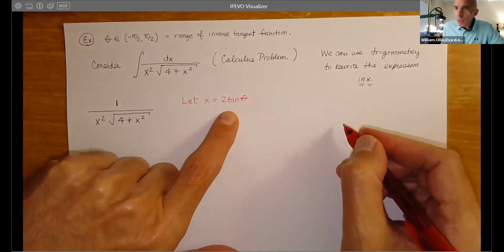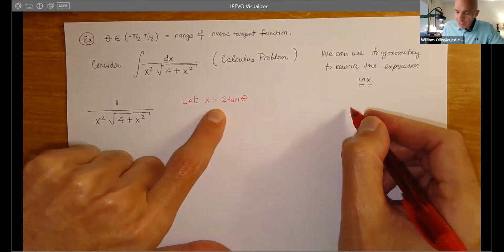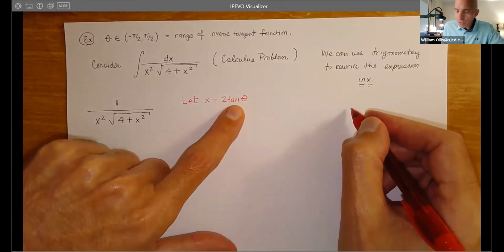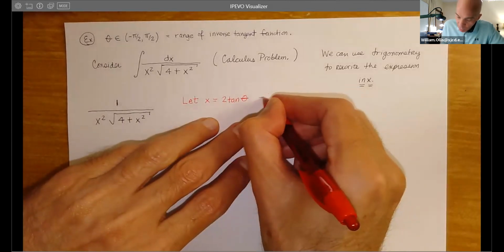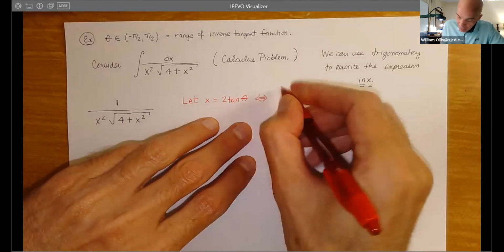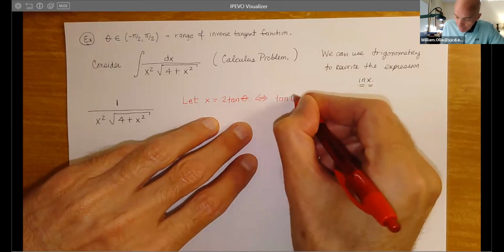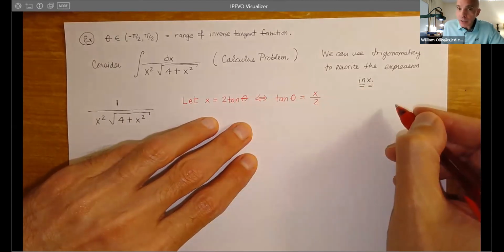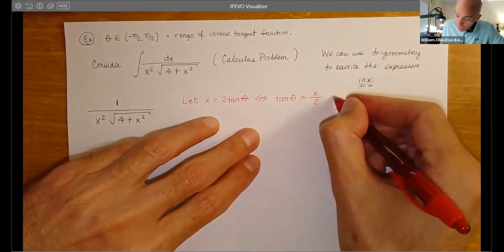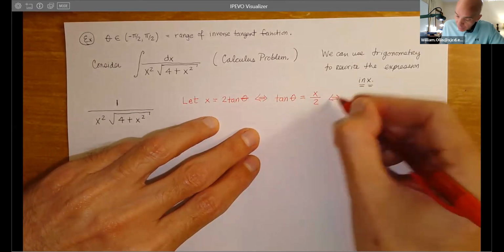Now, you know inverse trig. So if I divide by 2 and take the inverse tangent of both sides, we're good to go. Notice this says what? Tangent theta is x over 2. That defines a right triangle right there. We already know how to do that. And also, it defines the angle theta.